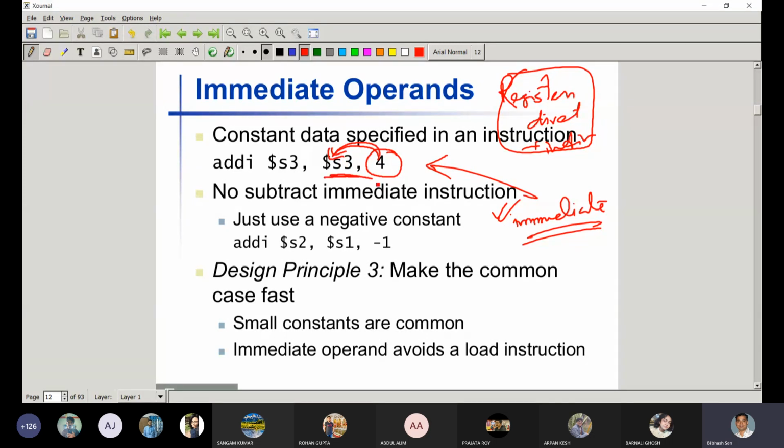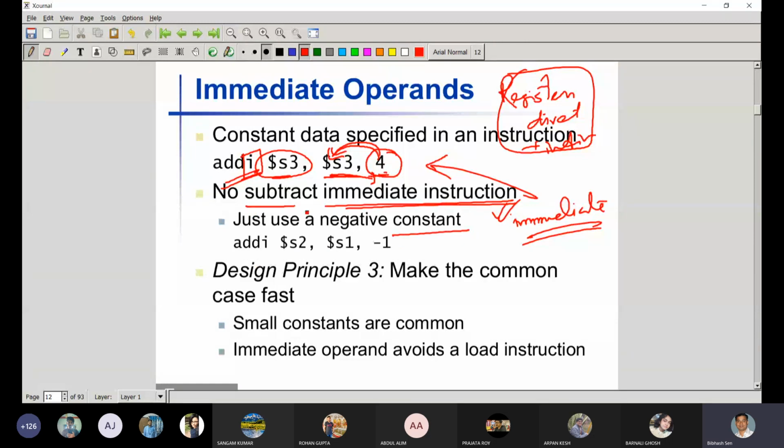So directly S3 plus 4 will happen. The value of S3 will be added with 4 and stored in S3. See, I have written addi here. There is no subtract immediate instruction. That means just use the negative of the constant.